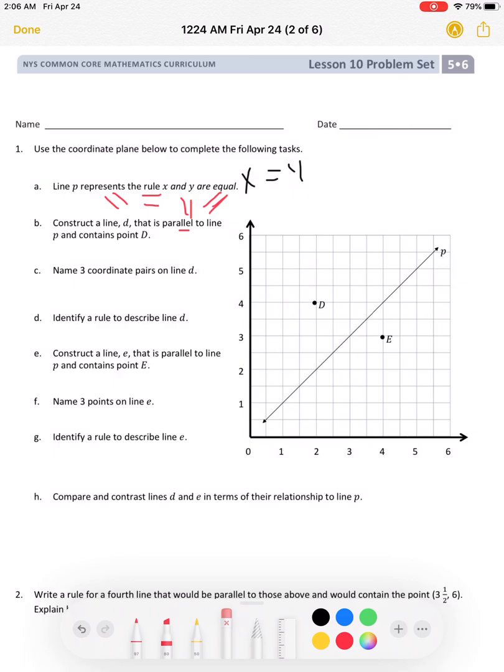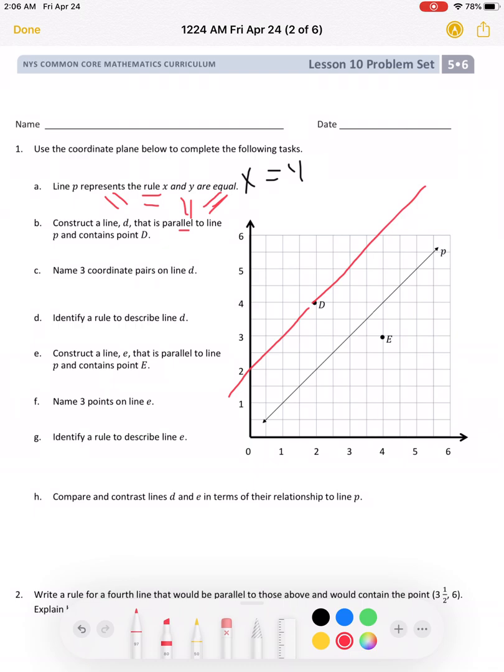Let me erase. Okay, so here I am going to do exactly what they said and draw a line here.